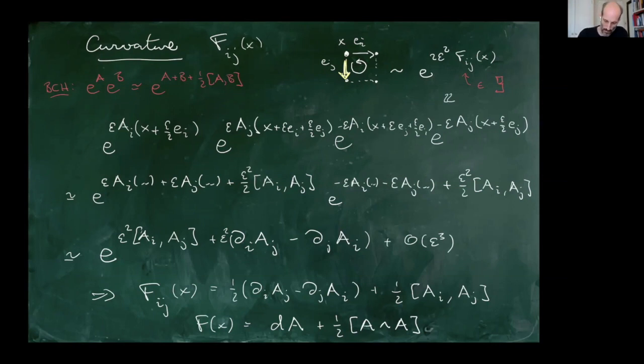So we have now this curvature. The curvature at a point, remember, corresponds to the action of the gammas of your connection on transporting your state along a little loop near that point.